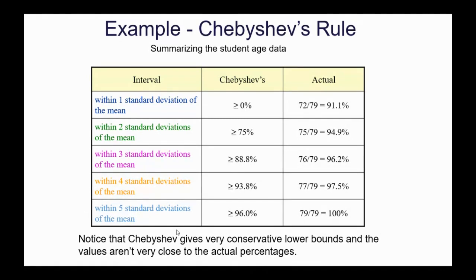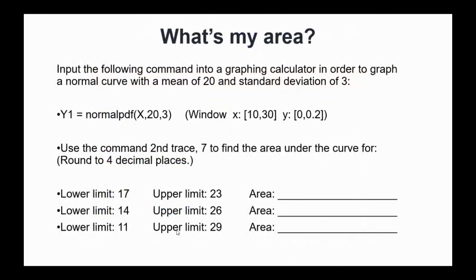Okay, so here's where your calculators come in. This is where I said you need some kind of calculator, whether it's the 84 or the Inspire. If you don't have your 84 dual credit, make sure you have it Thursday. So this is called the What's My Area activity.